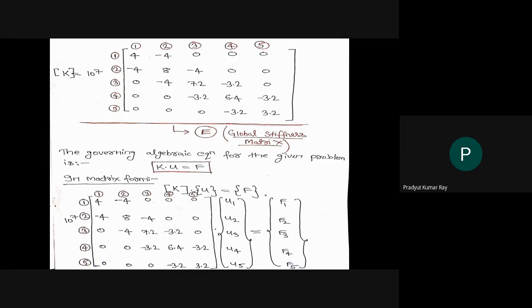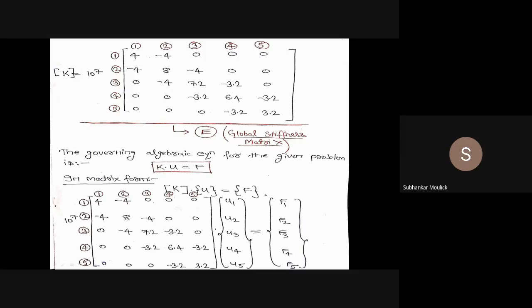Yes, sir, clear. Okay, so other people, please respond whether this matrix equation is clear to you or not. Yes, sir, clear.